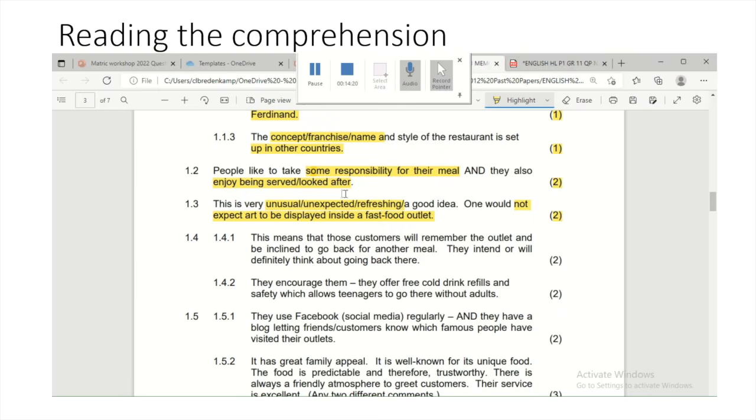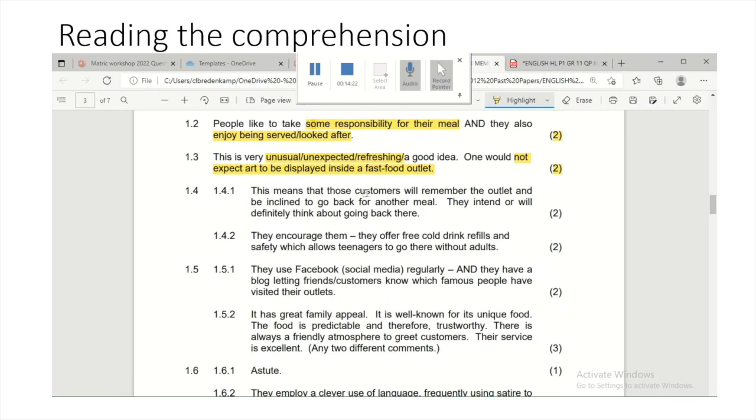Let's have a look at the memo. It means that the customers will remember the outlet and they would be inclined to go back, okay? They intend or will definitely think about going back there. And that is my 2 marks. So they will remember the outlet, and they intend or will go back eventually.